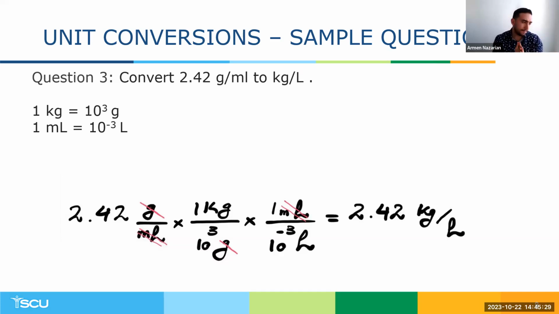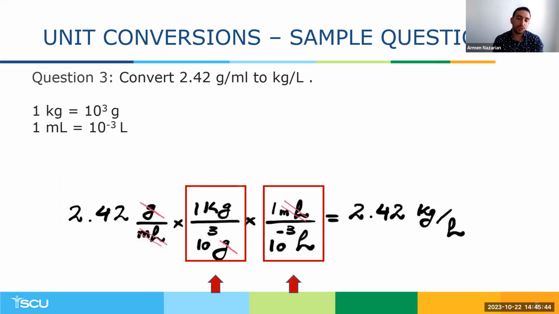So the convertee gets multiplied by the first fraction, which houses 1 kilogram on top and 1,000 grams in the bottom. That way grams cancel out. Then you're not done yet because the milliliters are still there. So then you multiply the convertee by the second conversion factor that now has 1 milliliter on top and liters in the bottom.